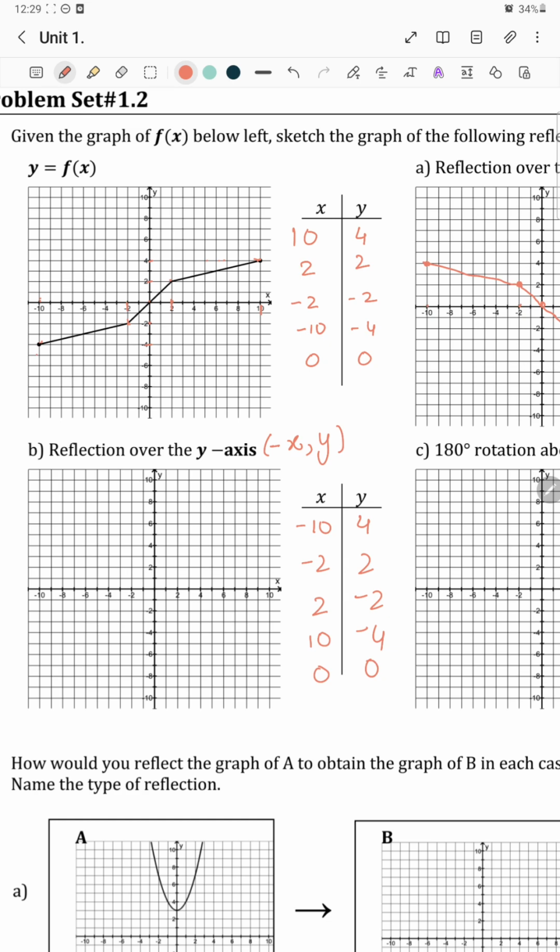Now let's draw the graph. Negative 10 with positive 4, negative 2 with positive 2, plus 2 with negative 2, 10 with negative 4, and 0. So the graph will look like this.